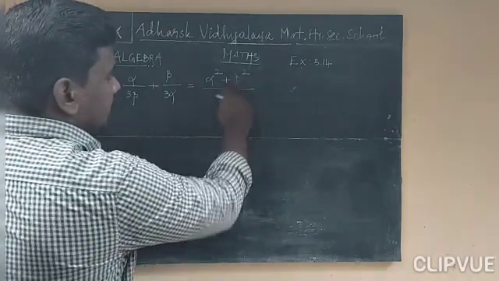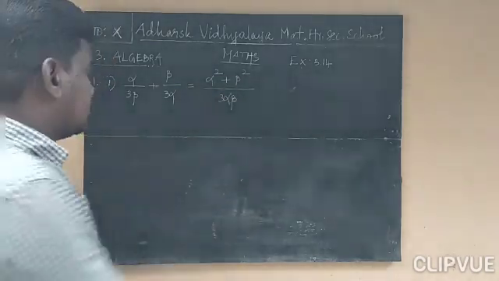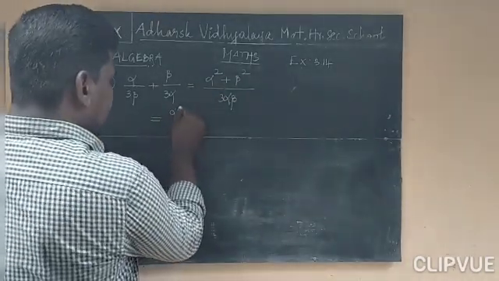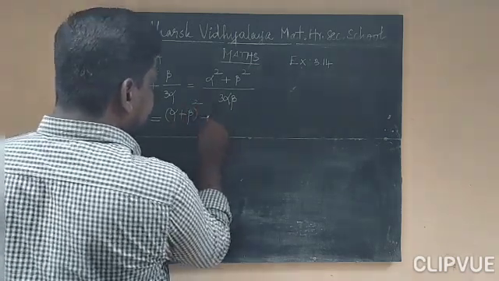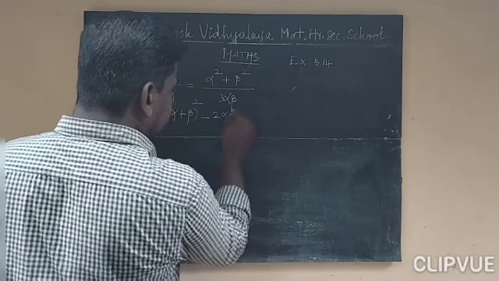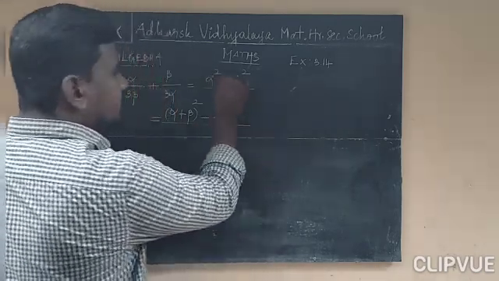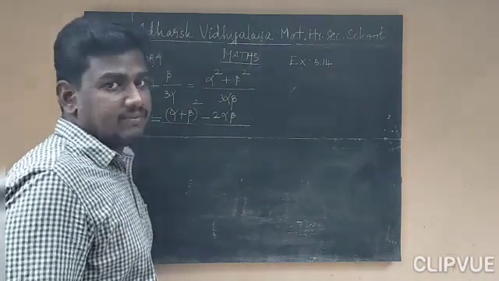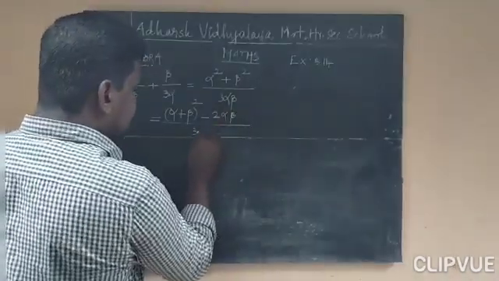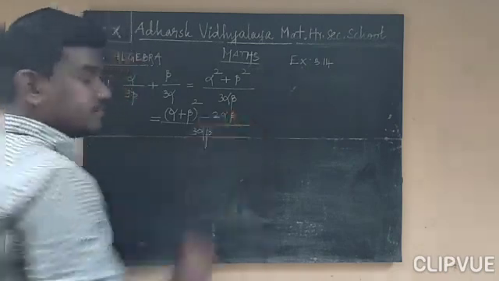And I told you that formula, alpha square plus beta square equals alpha plus beta the whole square minus 2 alpha beta. Instead of this, I replaced it with alpha plus beta the whole square minus 2 alpha beta, and this one as it is. Look at the expression.